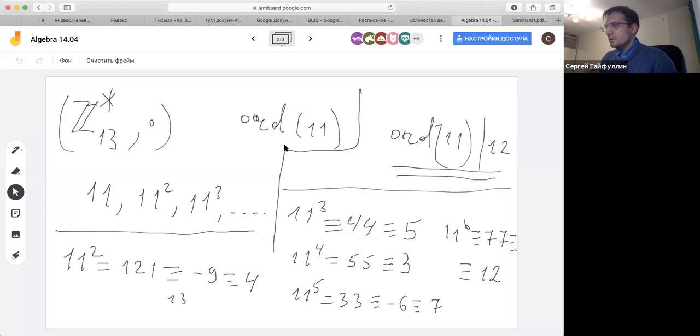And 12 is equal to minus 1. This shows that 11 to the 12 equals unit. So now we know that the order of 11 divides 12, and so it cannot be more than 6, but not 12. So the answer is 12.